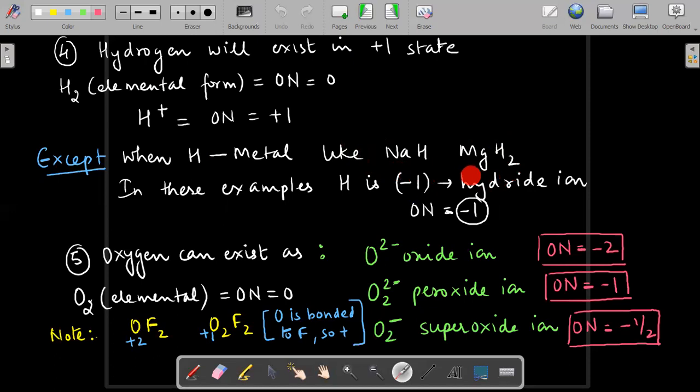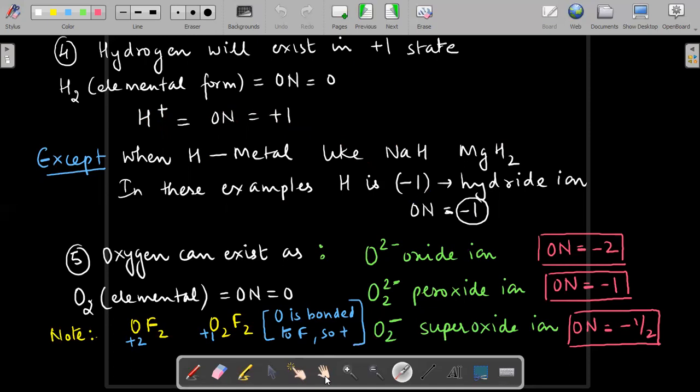So when hydrogen is present with a metal, in such type of examples only, hydrogen is taken to be -1. The oxidation number will be -1 only and only when hydrogen is present with a metal. Rest all cases, hydrogen is always +1.